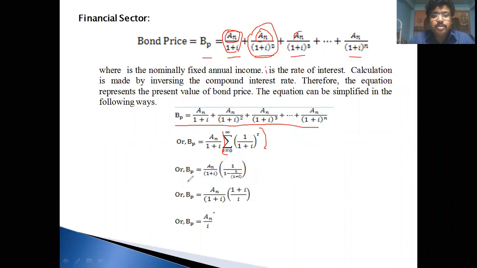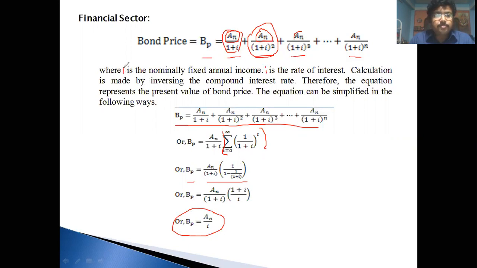So BP is equal to AN (1 plus I) by I. After rearranging this part, we get BP equal to AN by I. That means the present value of the bond is equal to the nominally fixed annual income divided by the rate of interest.